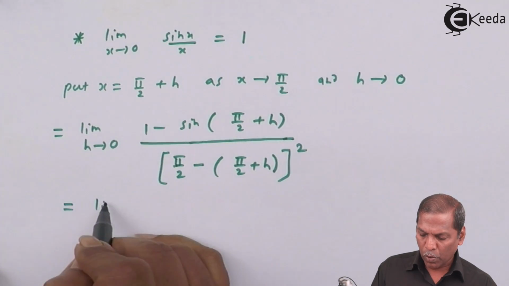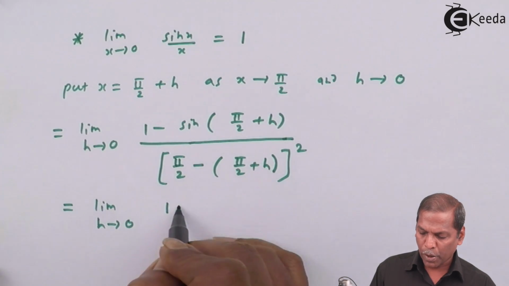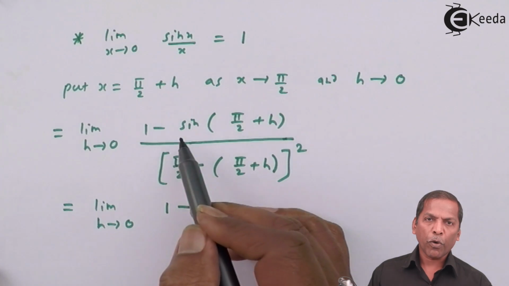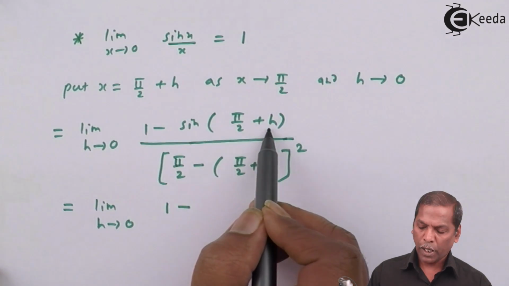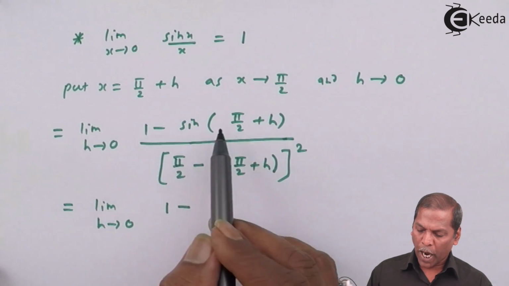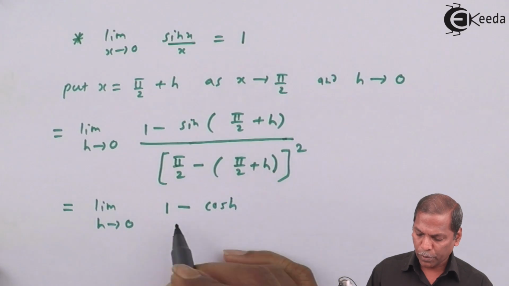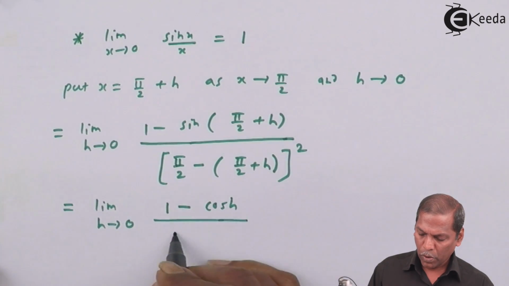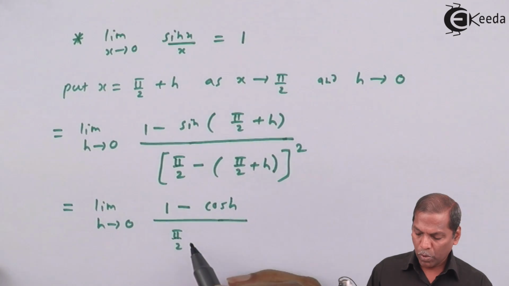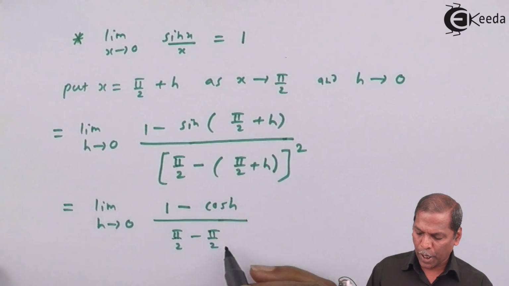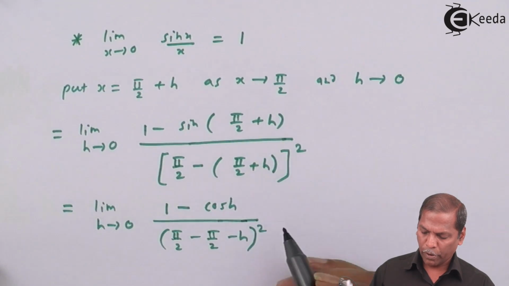So it is equal to limit h tends to 0, 1 minus, now we use the trigonometric formula that sine (90 plus theta) gives cos theta, and therefore sine of (pi by 2 plus h) gives us cos h, upon pi by 2. Now here we open the bracket, so that gives us minus pi by 2 minus h whole bracket square.